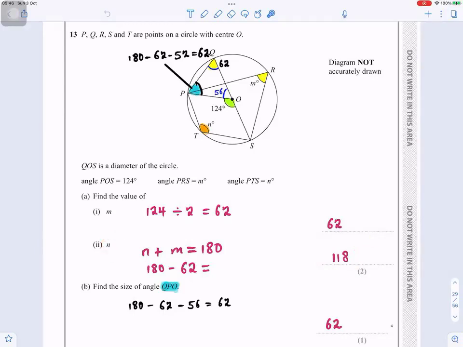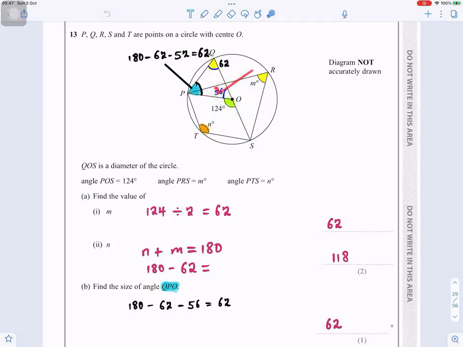Find the size of angle QPO. QPO is this angle there. If you have the straight line, 180 minus 124 would give you 56.